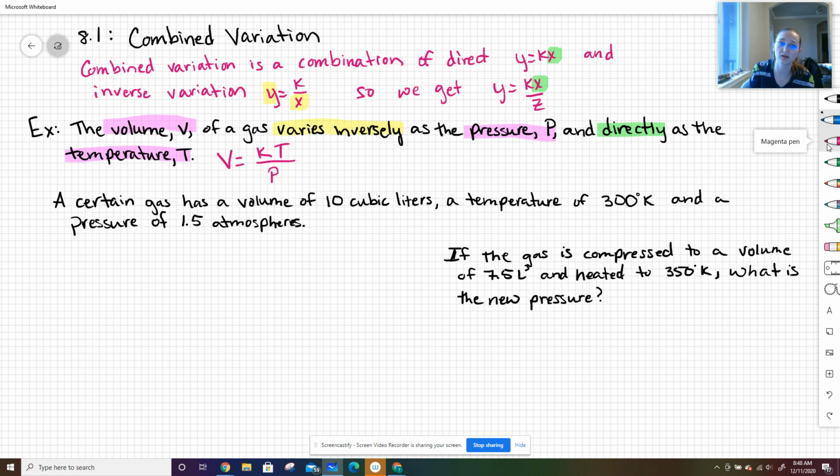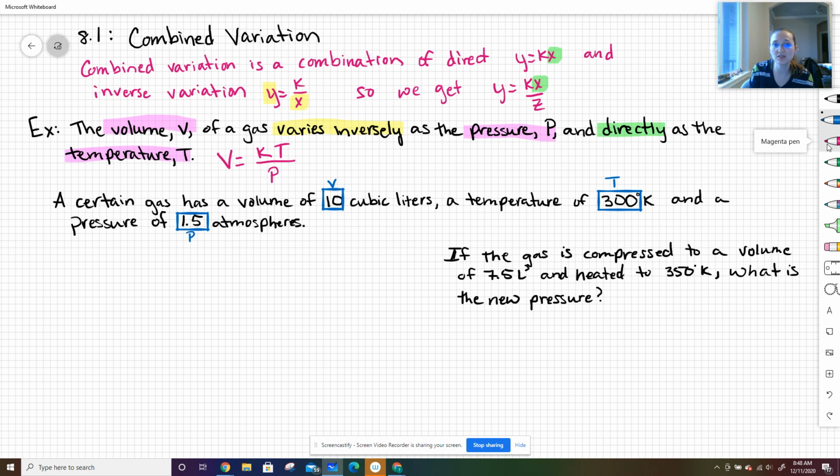Now let's put it in a context of a specific gas. A certain gas has a volume of 10 cubic liters at a temperature of 300 degrees Kelvin and a pressure of 1.5 atmospheres. So that would be our V, T, and P respectively.